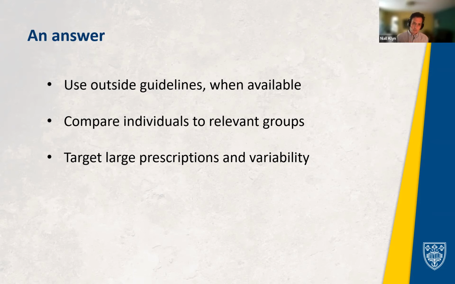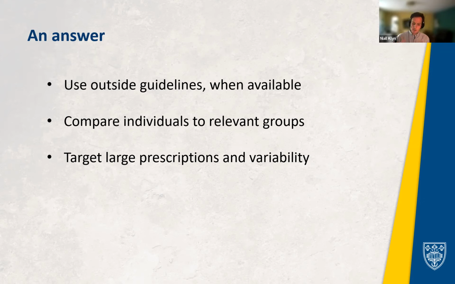So the idea from the team was, we're going to use outside guidelines when they're available. Not so available for surgical procedures. That is very much the case for the chronic prescriptions, where we have some very discrete guidelines. But for surgery, not so much. We want to make sure we're comparing our individuals to our relevant groups, so not just procedures, but specialties. If you have the same kind of procedure performed by different specialties, that's probably representative of something different in the patients and the encounters that may also lead to a reasonable and appropriate difference in the prescription.